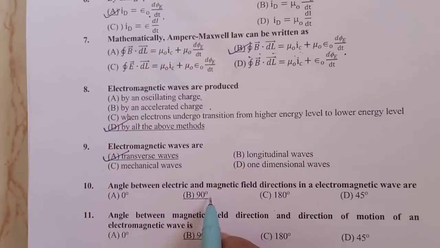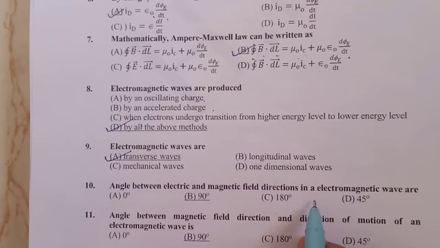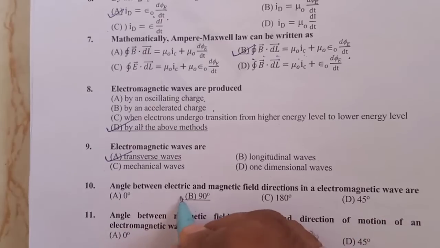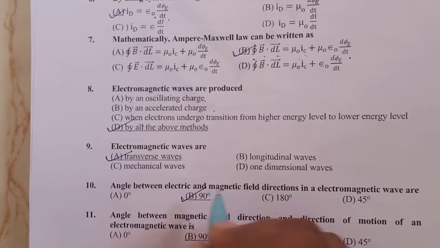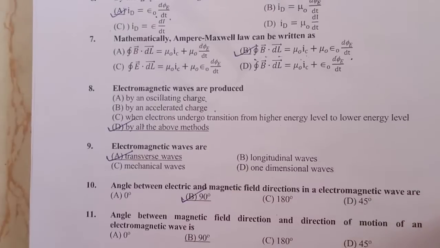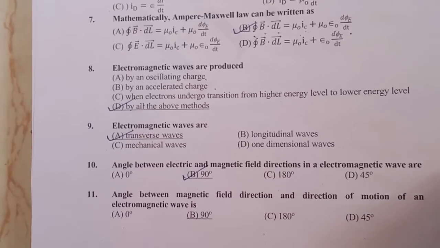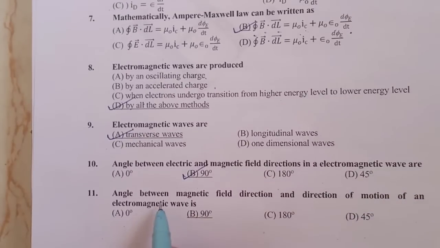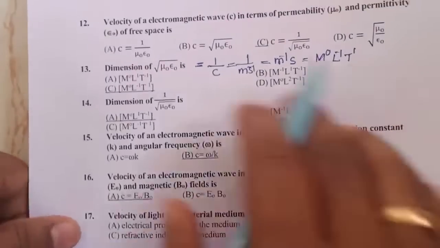The angle between the electric field and the magnetic field direction in an electromagnetic wave is 90 degrees, because the electric field vector and magnetic field vector are mutually perpendicular to each other and perpendicular to the direction of propagation. The angle between the magnetic field direction and the direction of motion of the wave is again 90 degrees.